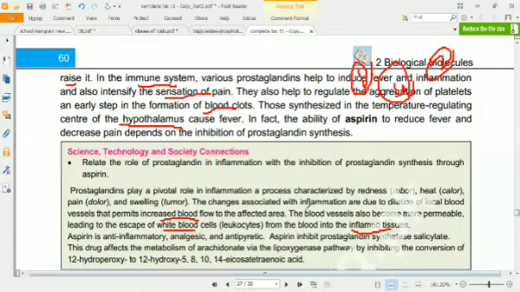So we use analgesics, and a very common one is aspirin. That is actually an anti-inflammatory drug. It reduces the inflammation, it is an analgesic so it reduces pain, and it is an antipyretic so it reduces fever as well. So how does it act against prostaglandin?